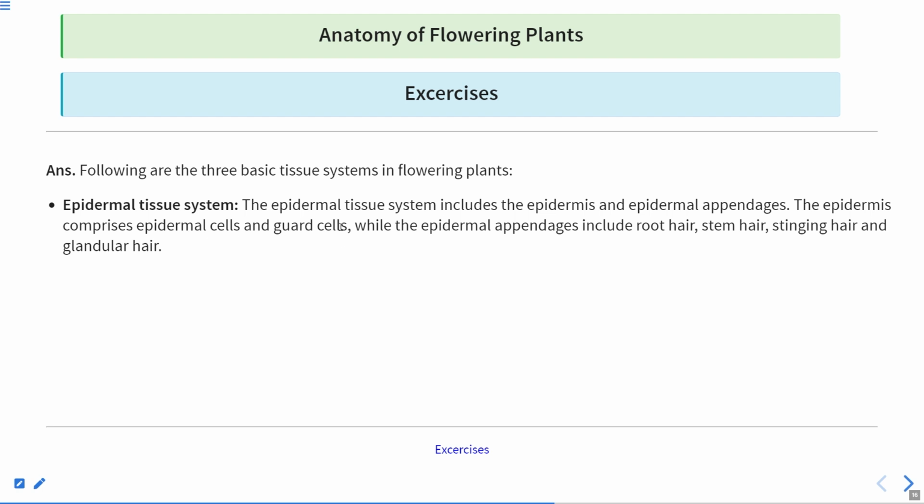We all know that the stomata, which is present on the surface of the epidermis, is a modification of the epidermis. The epidermis comprises epidermal cells and the guard cells, and those guard cells are modified epidermal cells only.